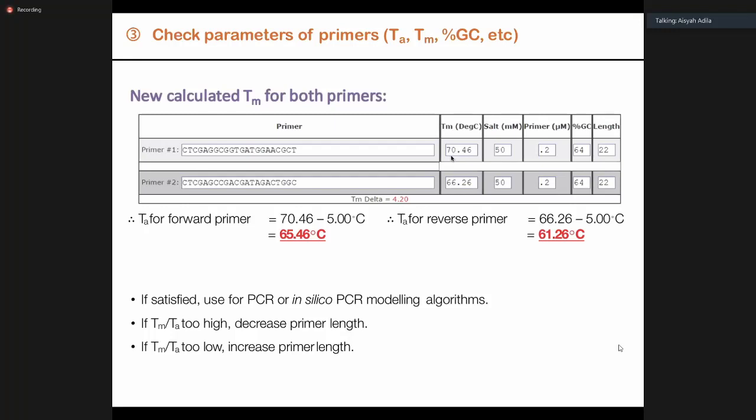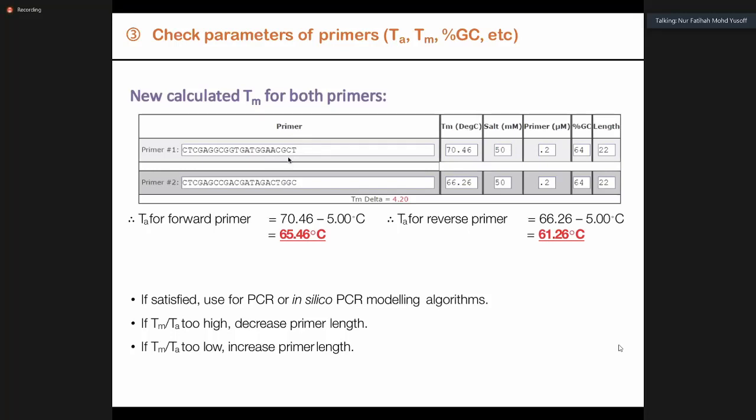Based on this, do you need to redo the primer design, or can you just cut from this primer sequence? I think just cut the primer sequence. Yes, you can also just cut the primer sequence, but sometimes it may affect the percentage of GC content.